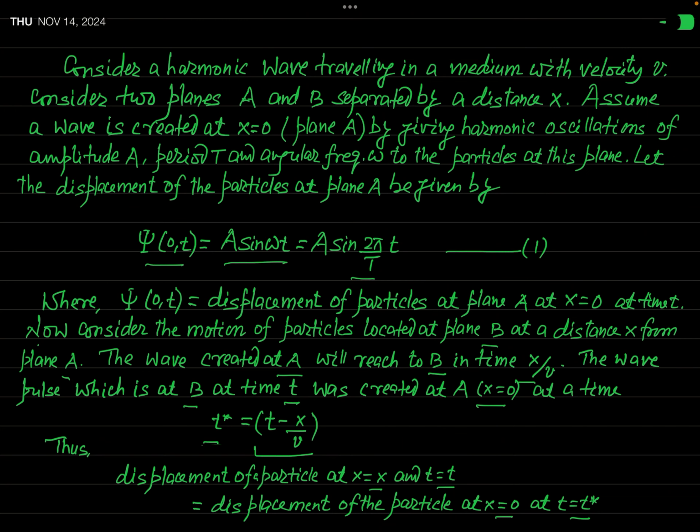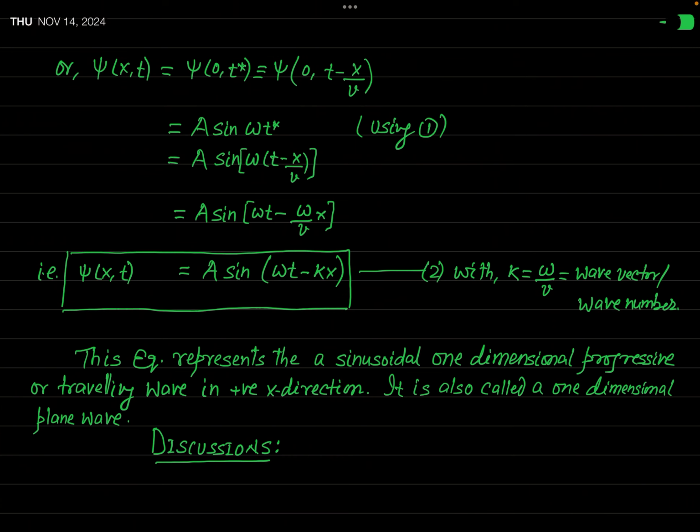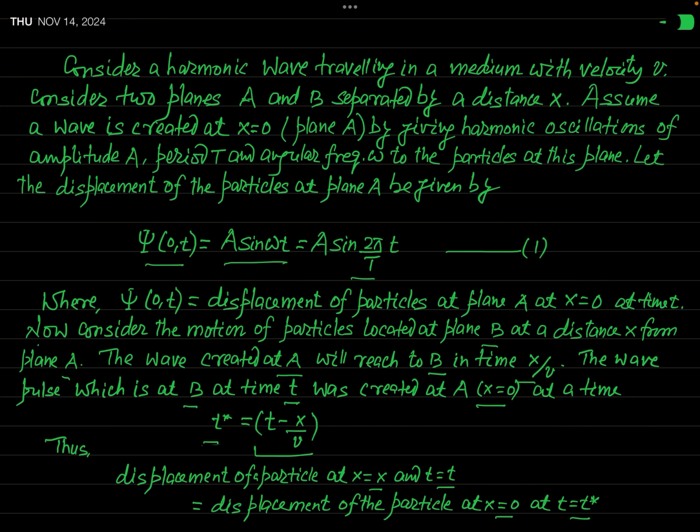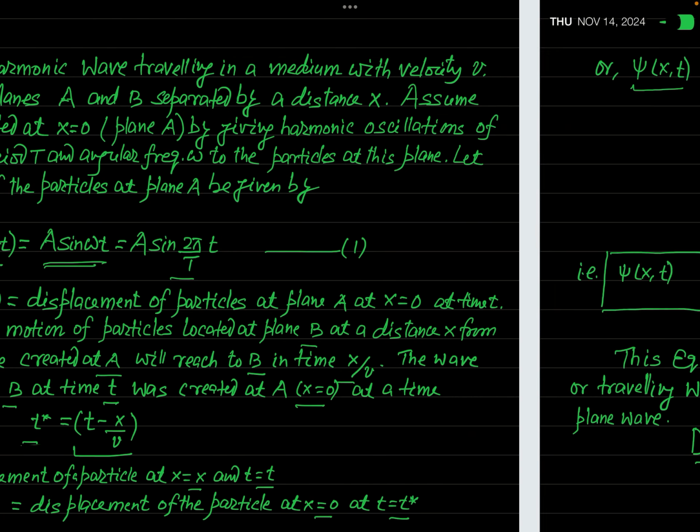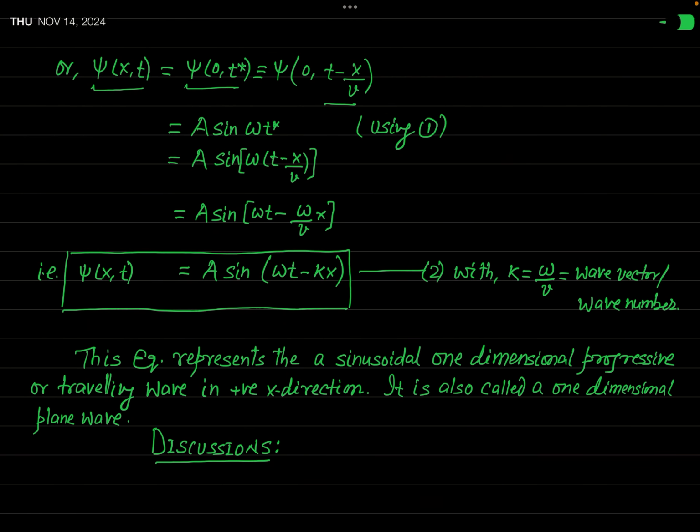Now symbolically, the displacement at x equal to x and t equal to t is denoted by the symbol psi of x,t, and the displacement at x equal to 0 and time t star will be denoted by this symbol. But you know, t star is t minus x by v. As you have seen, psi of 0,t is given by this relation, which is just the equation of SHM.